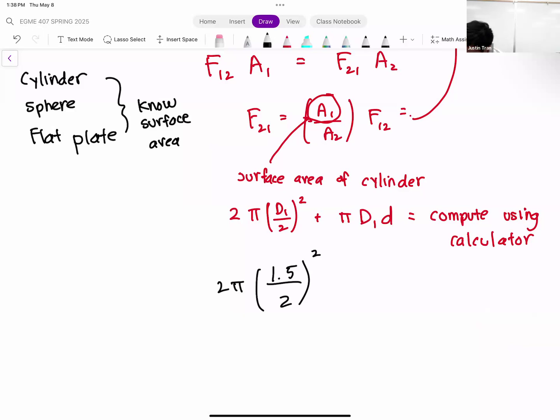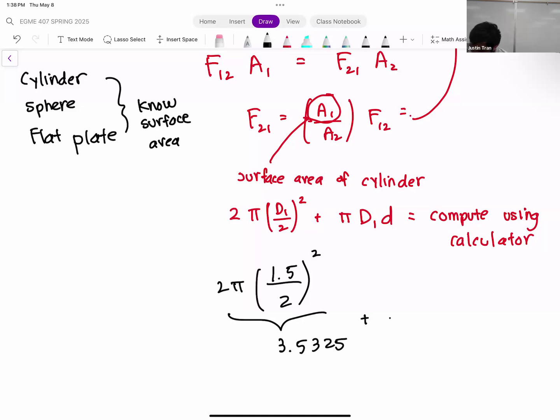Okay, so 1.5 divided by 2, that's 0.75 times 0.75 times 3.14 times 2. So this right here is 3.5325. And then the other one, we have 3.14 times diameter 1.5.